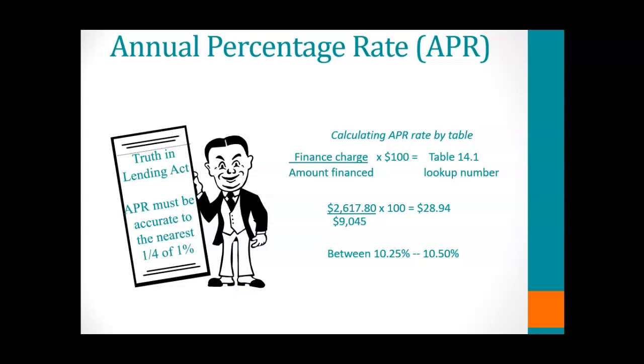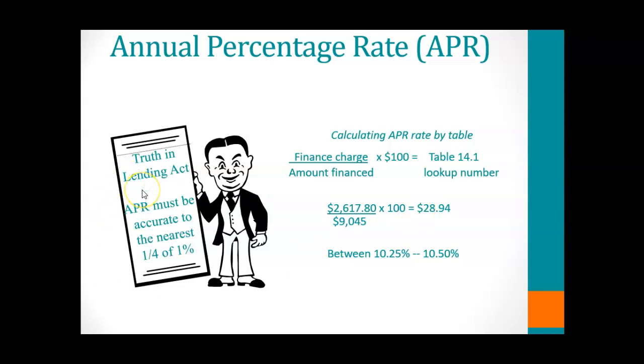So in our previous problem, we know that the interest amount, or finance charge, was $2,617.80. The amount financed was $9,045. So take the finance charge divided by the amount financed, multiply the answer times 100. And that would give us $28.94.